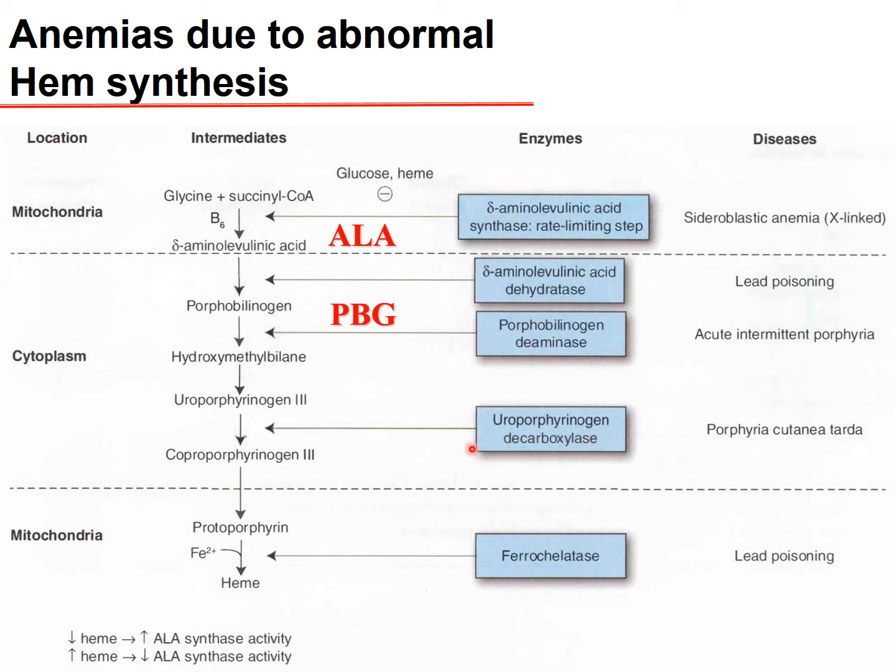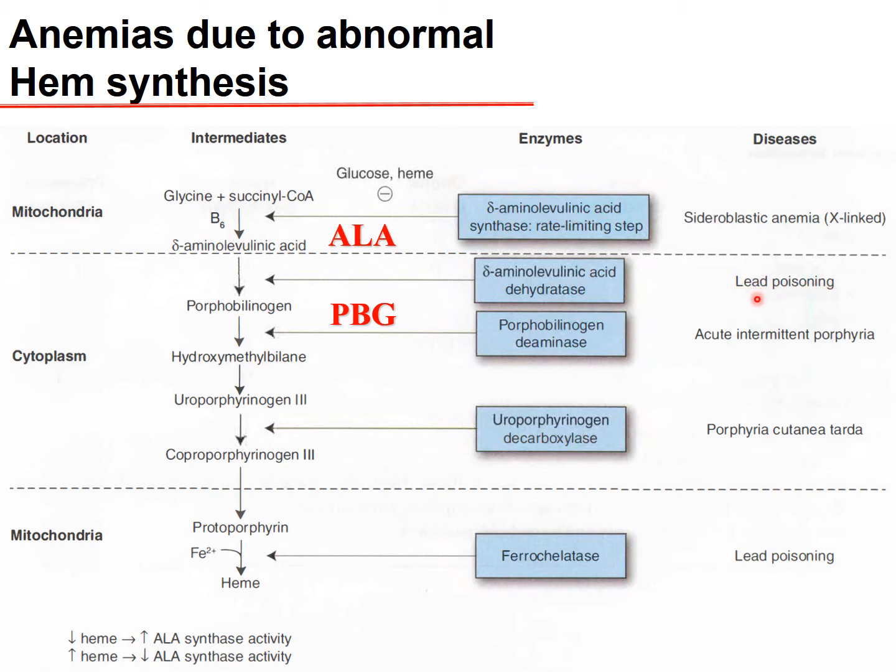If we go further down and we do have an enzyme defect, that can include, for example, porphobilinogen deaminase or uroporphyrinogen decarboxylase, we do have an accumulation of the precursors, and these precursors have light sensitivity and will cause the clinical problem. In the diseases on the right side, you can see what we will cause.